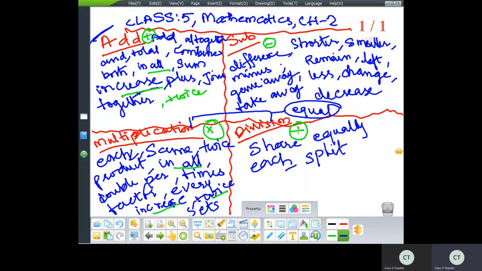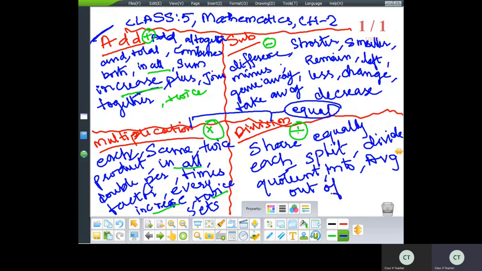Then next, what are the next keywords in division? Split, divide, find the quotient, then into, average, out of, percent.